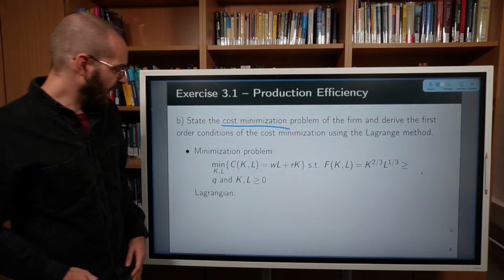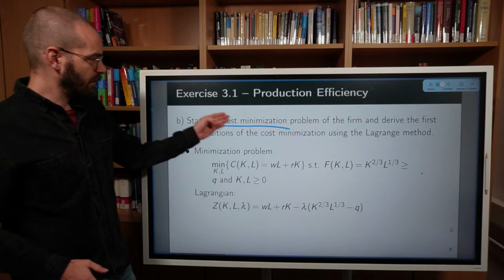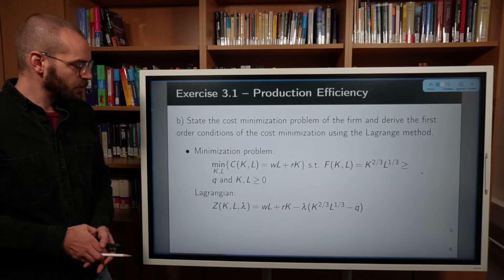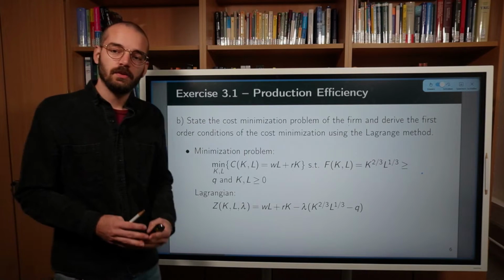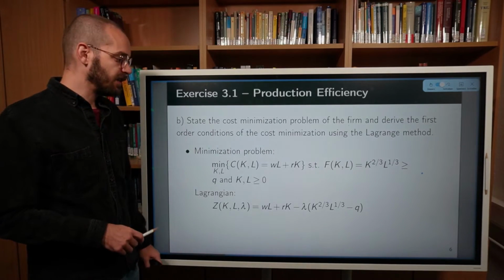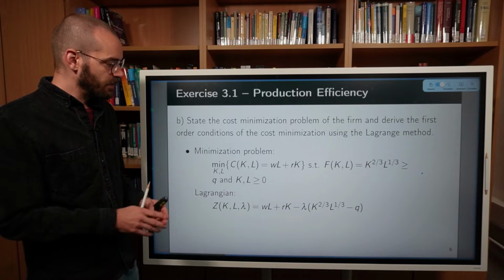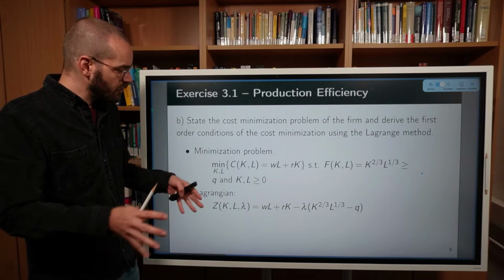All right, and using these two conditions, we can now state the Lagrangian, which is simply the objective function, right?